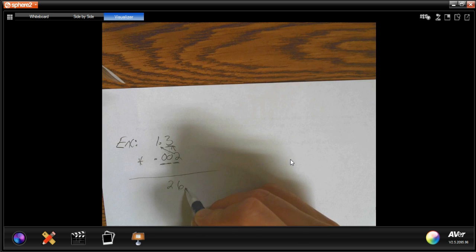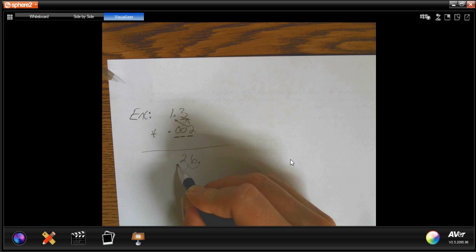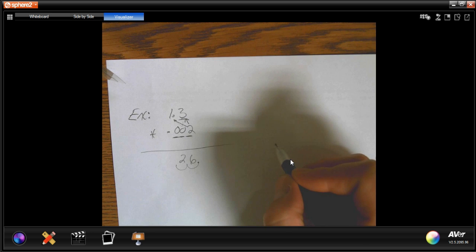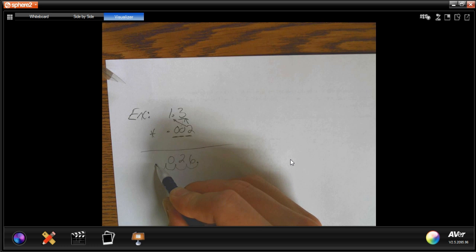So we come down here, we start at the far right of our number, and we move 1, 2, but now we're out of numbers. All right, so this is where the new stuff comes in. Just because we're out of numbers doesn't mean we're going to change our method. So we go 3, add a 0, and 4, add a 0.